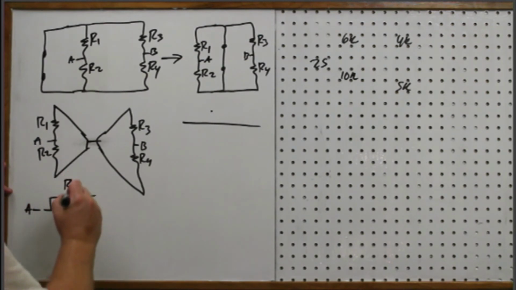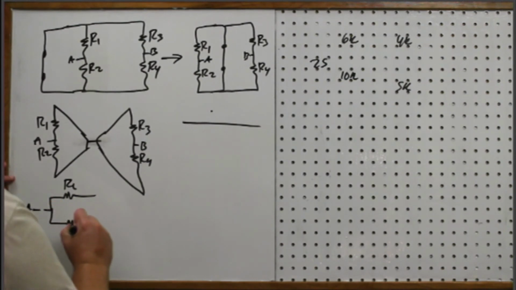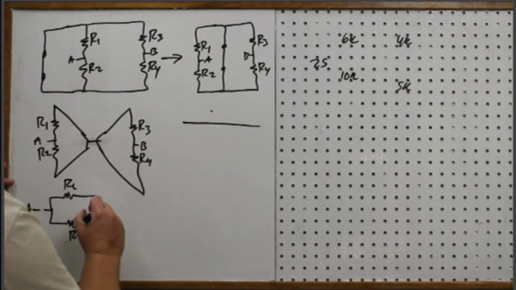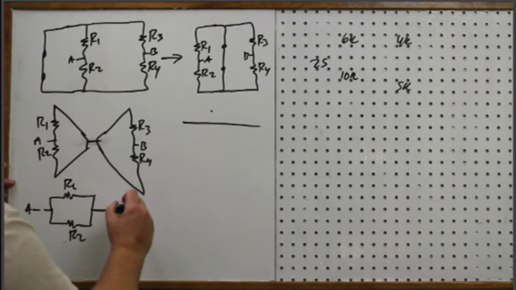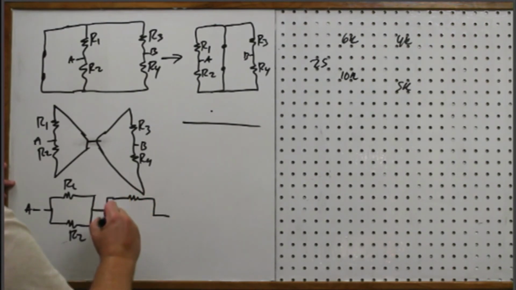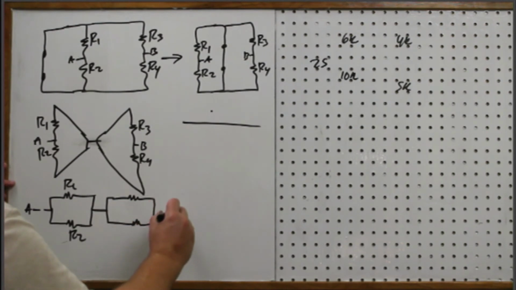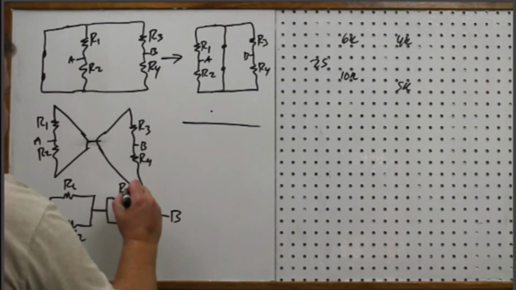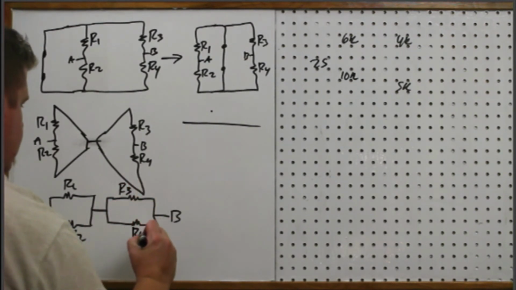If I redraw this, R2, and you should start to see it makes sense. Okay?